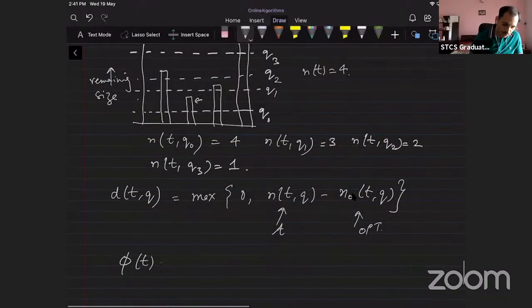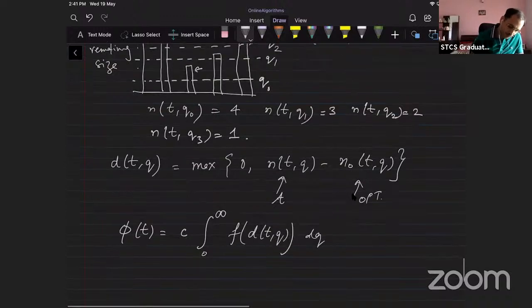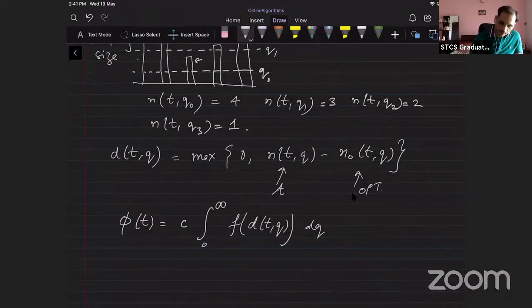And here is my definition of phi. So phi of t is going to be some constant c, which will essentially reflect our competitive ratio bound, times the integral with respect to q of f of d of t comma q. This is my potential function phi, where I am yet to define what my f is.